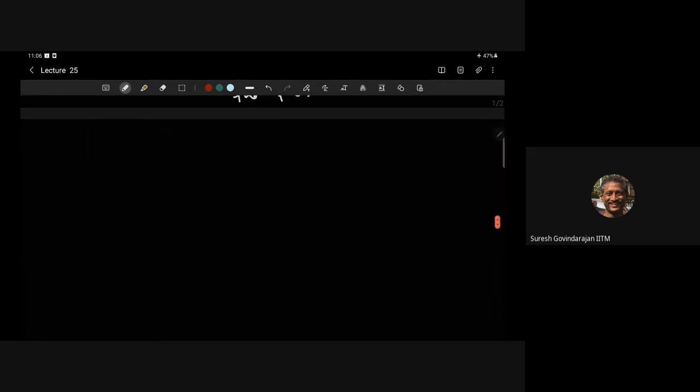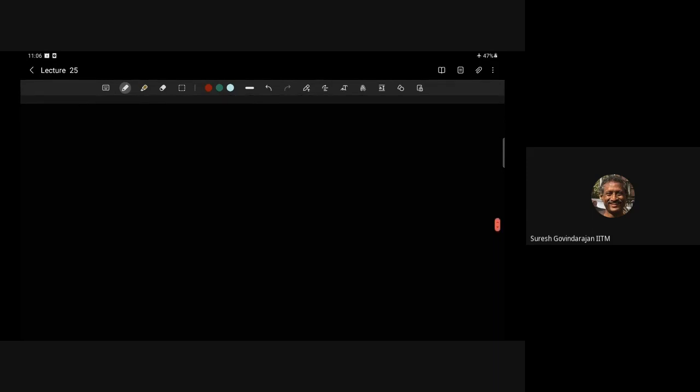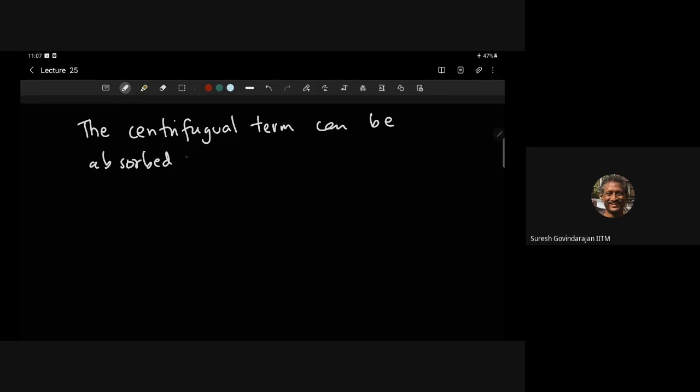The first thing we know is that the centrifugal term can be absorbed into a g effective, and this correction term is proportional to omega squared R by g, where omega is the angular velocity of Earth.